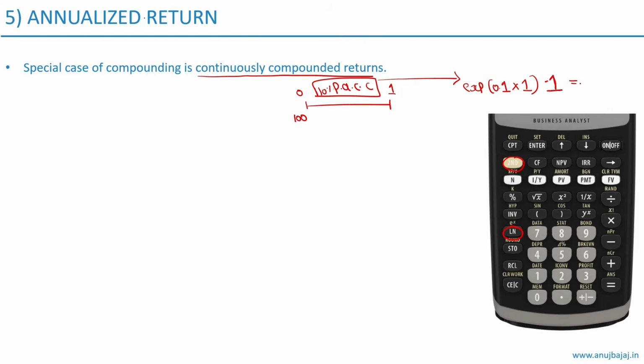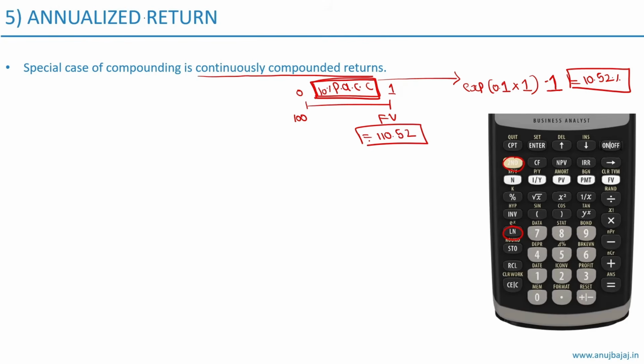And you should get 10.52% as the answer. So when the quoted interest rate is 10% per annum, continuously compounded, the effective interest rate is 10.52%. So the future value is 100 plus 10.52%, which is 110.52.